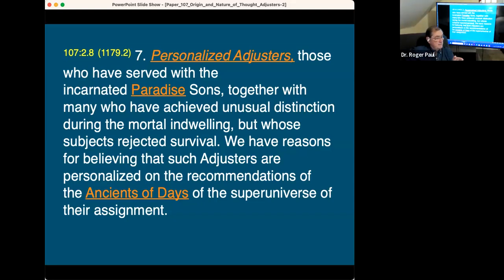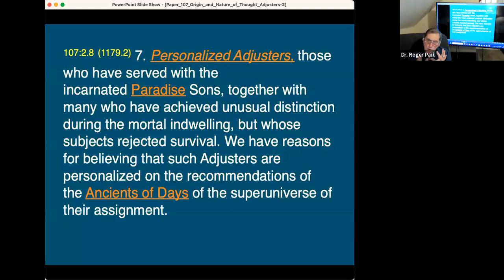When Melchizedek came to the planet, they had to give him an adjuster because he was made human, but he was already a local universe son of God on a high level, so he was not able to fuse with the adjuster either. Okay, so that's why that adjuster was freed, and the experience of that adjuster passed on to Jesus.